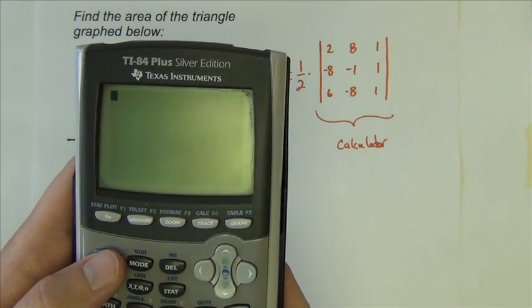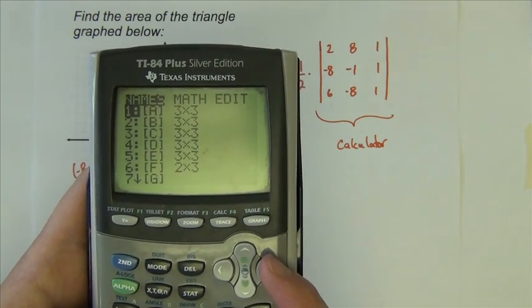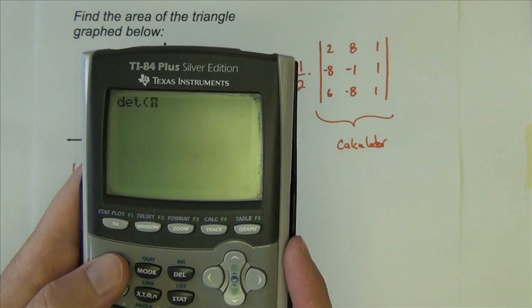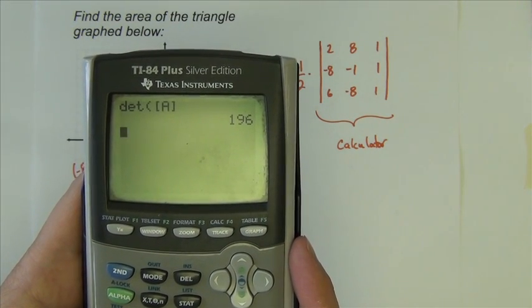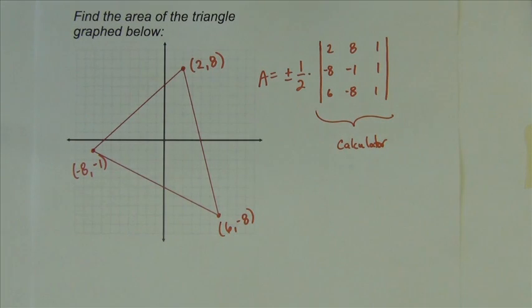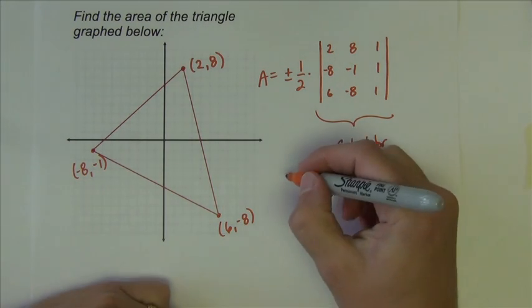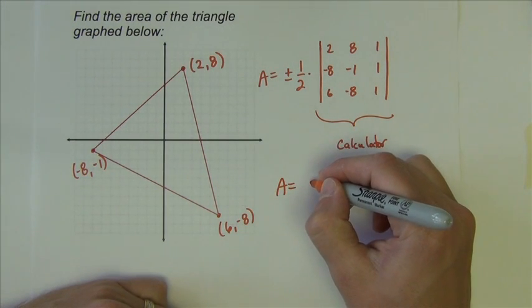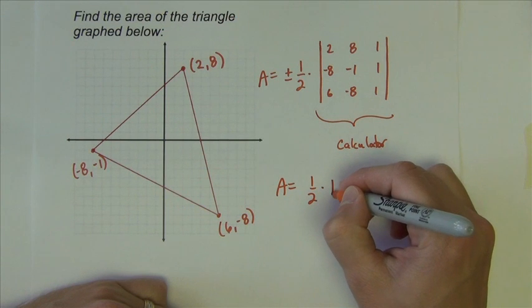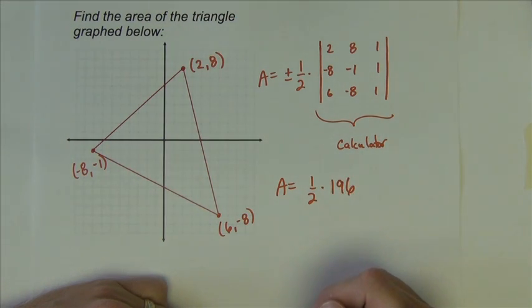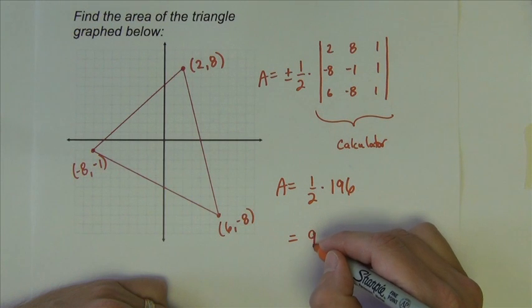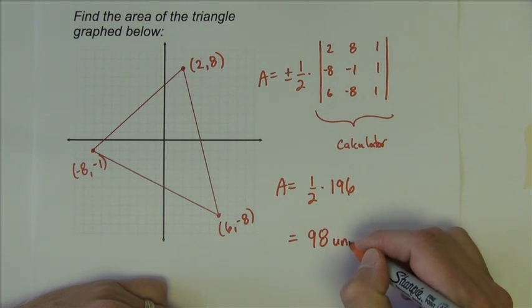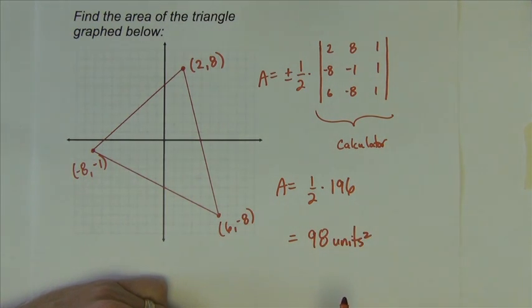Quit out of that, and I go back to matrix, over determinant, back to matrix. There's its determinant, 196. So the area is equal to 1/2 times 196. So 1/2 of 196, the area is 98 square units.